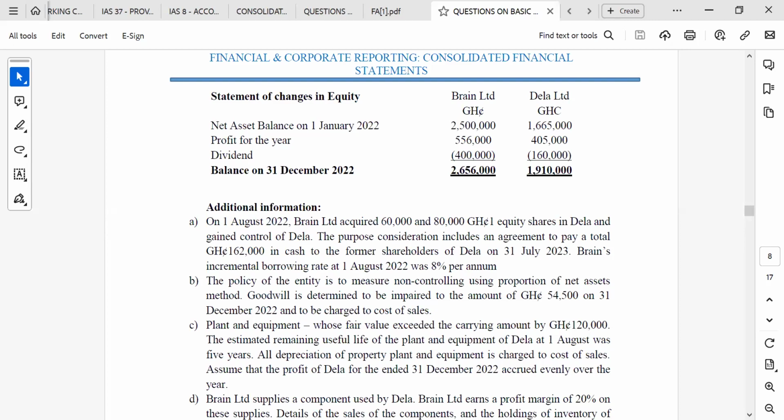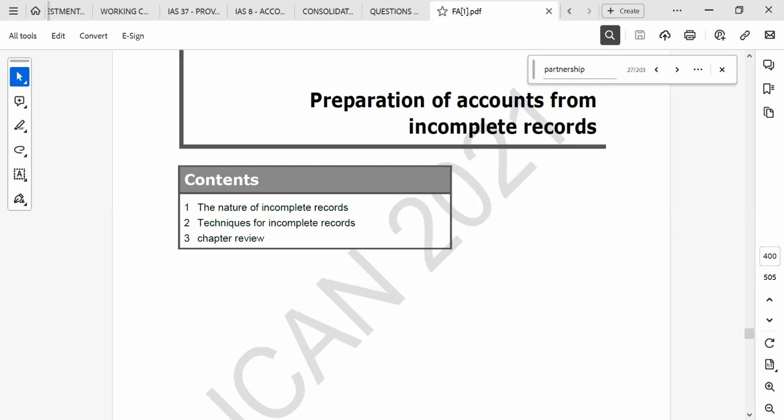Brain's incremental borrowing rate on 1st August 2022 was 8% per annum. I want to change something there. It's supposed to be 60,000 of the 80,000 shares. The person who typed the question made too many mistakes.